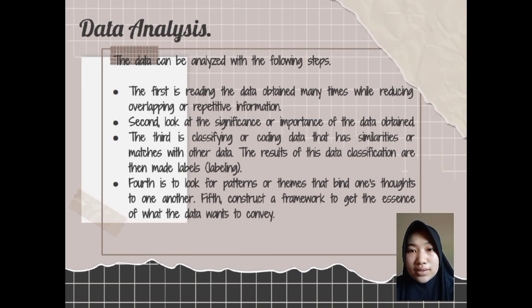The third is classifying or coding data that has similarities or matches with other data. The results of this data classification are then given labels, or labeling. Fourth is to look for patterns or themes that bind one thought to another. And fifth, construct a framework to get the essence of what the data wants to convey.